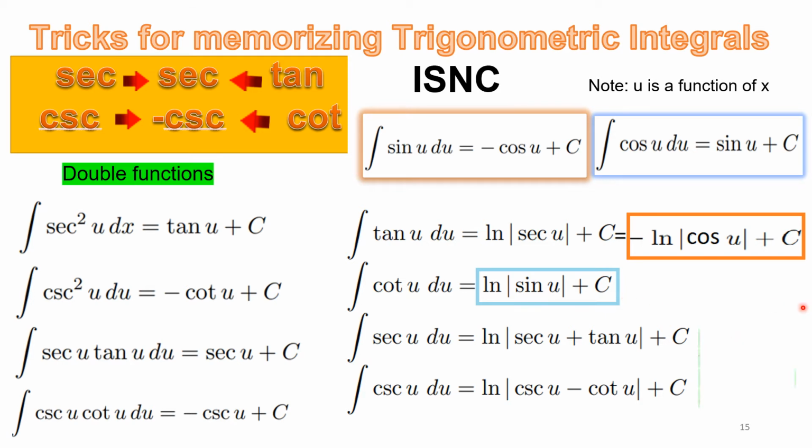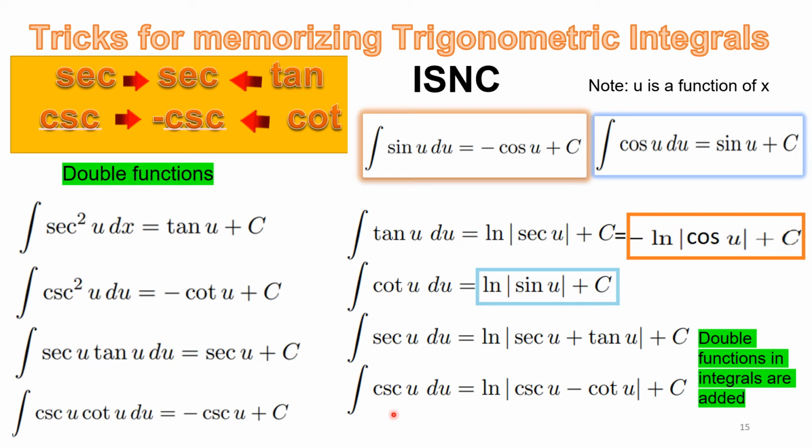As for the double functions in integrals, they are actually added. What do we mean by this? If we have the integral of secant u du, that will be ln of the absolute value of secant u plus tangent u, plus do not forget your constant.